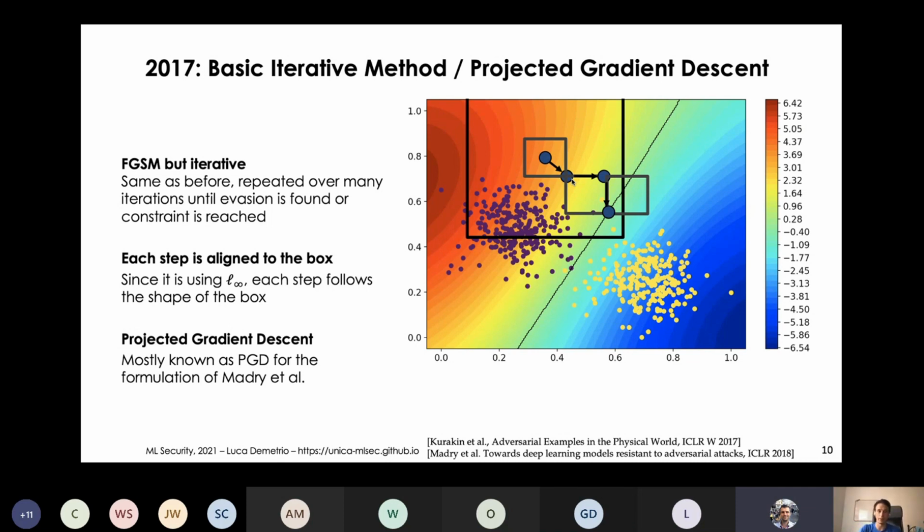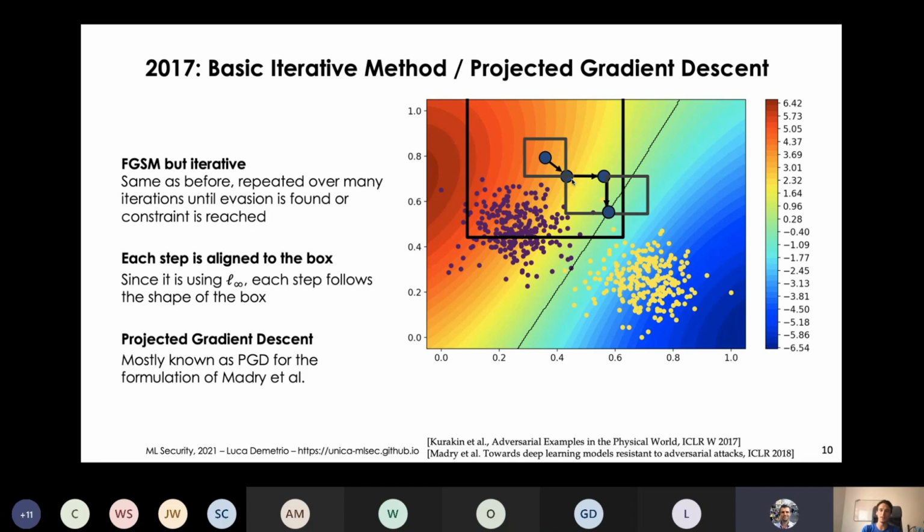So what they did in 2017 is, okay, let's take FGSM and make it iterative, as people already did in 2013, but it was some sort of parallel research at some point.